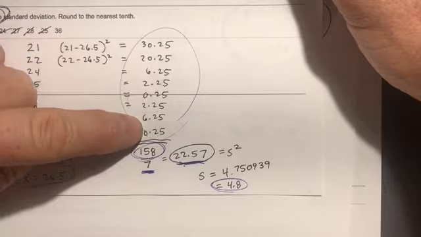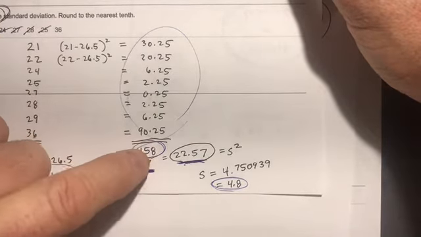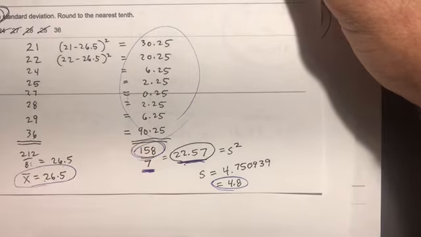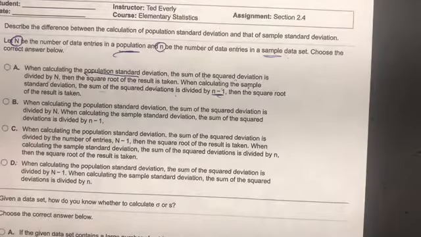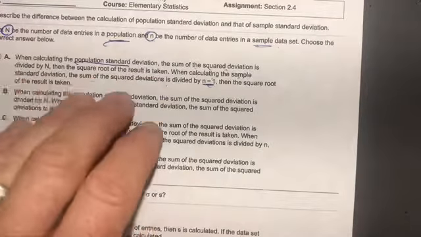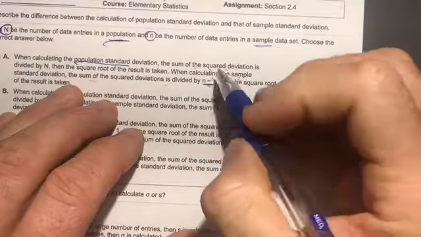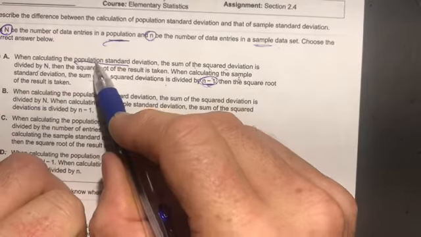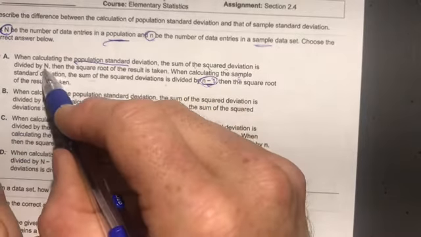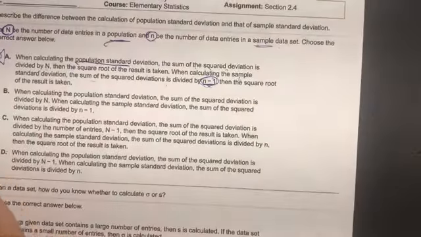There were 8 in here, but I do 8 minus 1, which is 7, and I divide by 7 to find the standard deviation of a sample. So that's what number 1 is doing. And I think A is the answer here. When calculating the sample, you divide by n minus 1. When you calculate the population, you divide by n. So A would be the answer there.